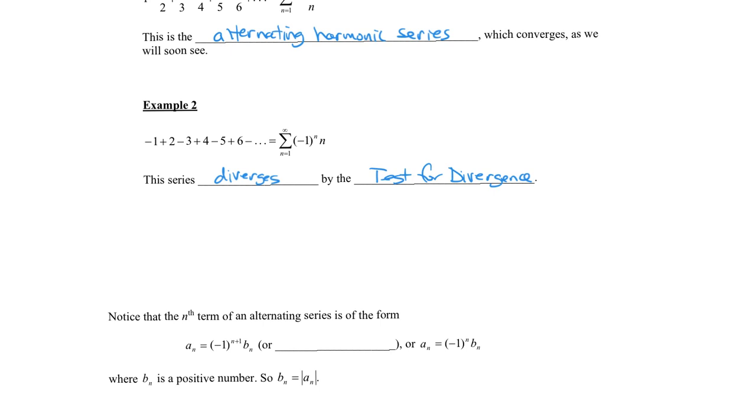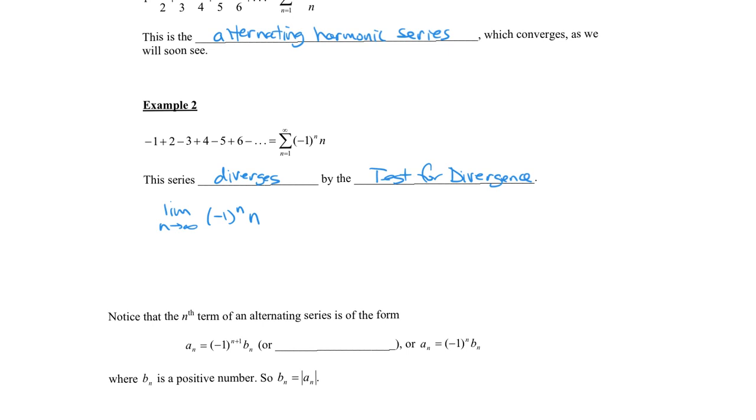What we can do for this test is we just take the limit of the nth term. So we take the limit as n approaches infinity of -1 to the n times n. Now this, of course, just alternates between plus and minus, because whenever there's an odd term, it'll be a -1, an even term will be a +1, and this is just going towards infinity.